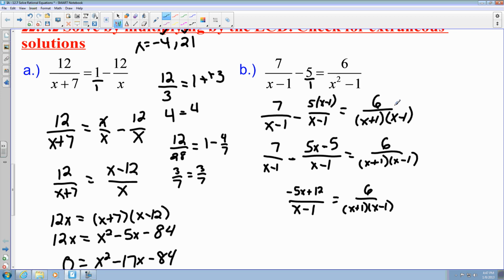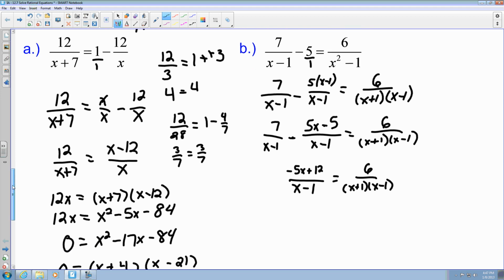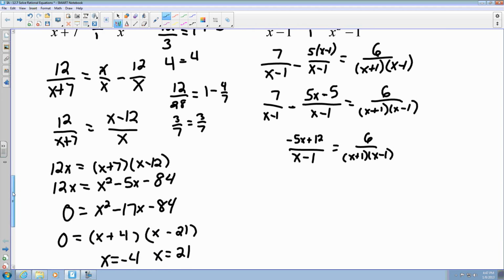All right, now that I have one fraction on each side of my equal sign, I can then cross multiply. So I'm going to go 6 times x minus 1 equals negative 5x plus 12 times x plus 1 times x minus 1.